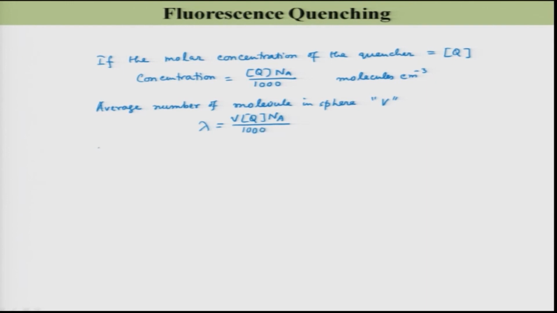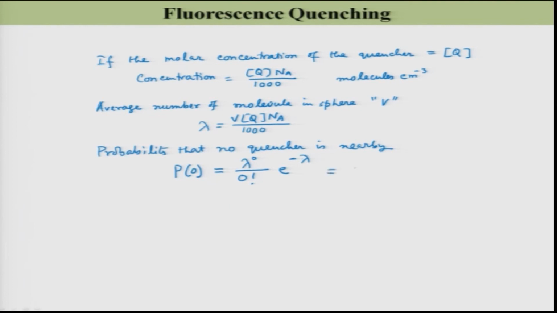Now, if I want to calculate the probability that no quencher is nearby, right. So, now you see this probability that no quencher is nearby, that is the same as, according to the Poisson distribution, P(0), which is equal to lambda to the power 0 by factorial 0 into e to the power minus lambda.